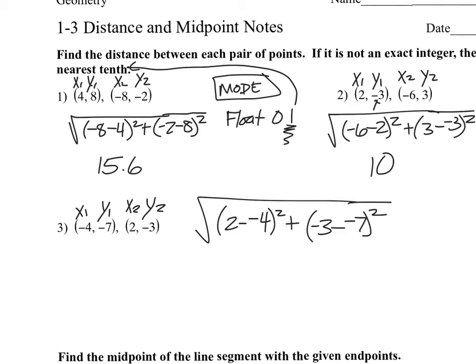So again, I'm just going to do the same thing, type all that in on the calculator. Minus negative 7 squared, and that one gives me a decimal 7.2. So that's distance formula, pretty straightforward.